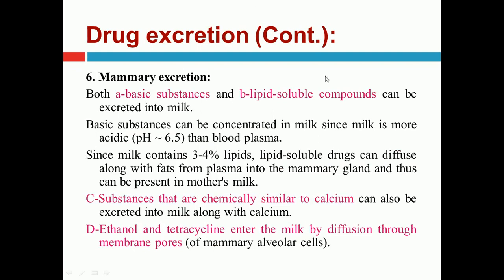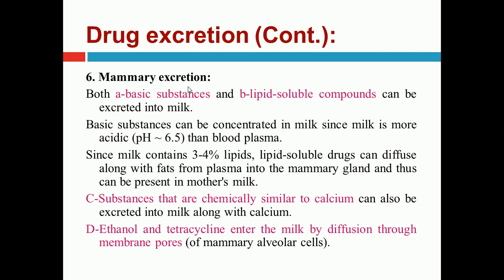Then we have breast milk, which is slightly acidic. The pH is around 6.5, so it is more acidic than the blood.